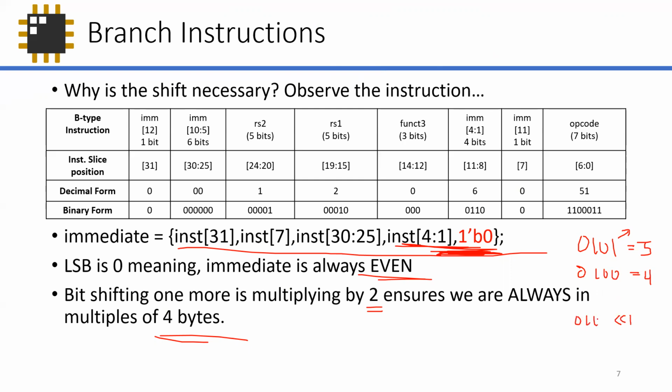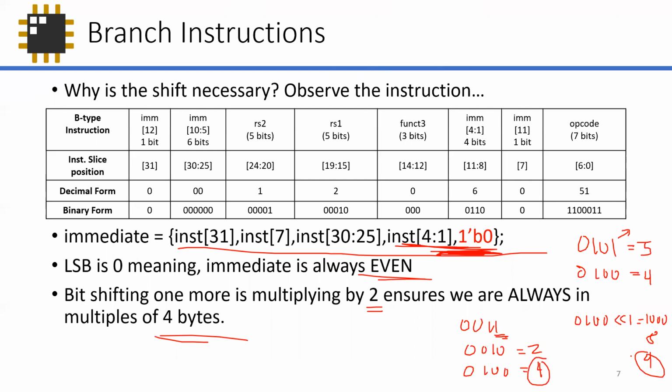So that 0100, if you shift to the left once, is equal to 1000. That's 8, which is a multiple of 4, right? Let's look at another example. Let's try 0011. I drop the MSB, I get 0010. That's actually equal to 2. I shift it to the left once, I get 0100. I am guaranteed that I'm always at multiples of 4, right?